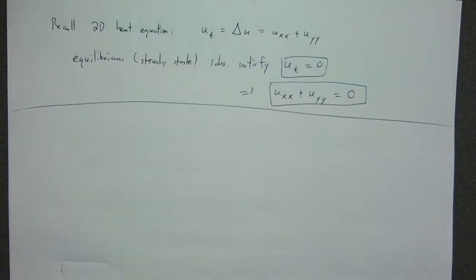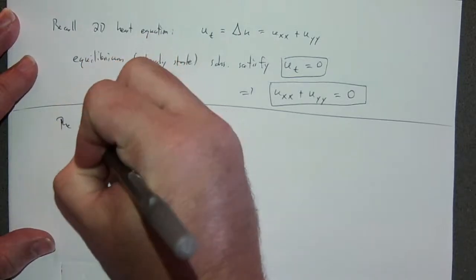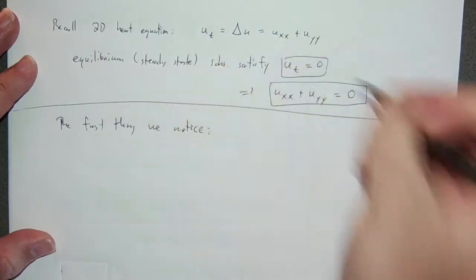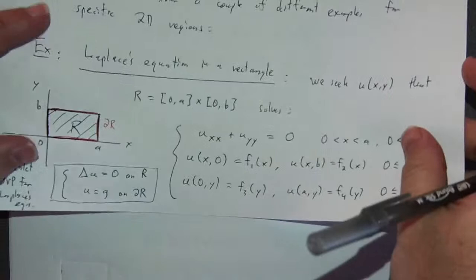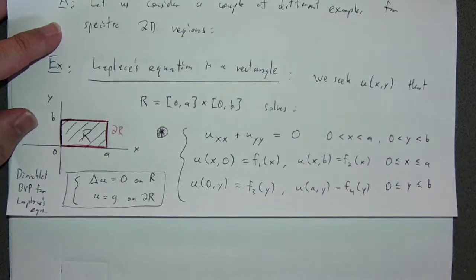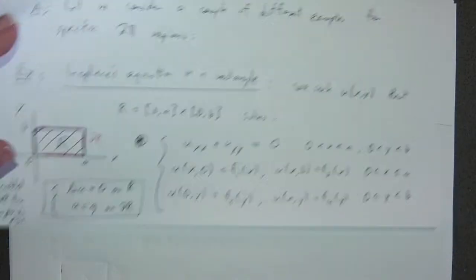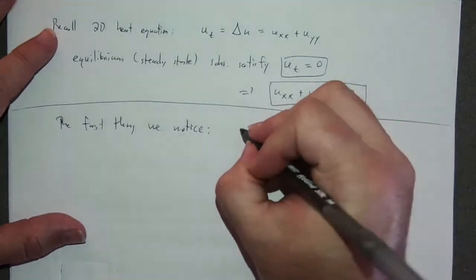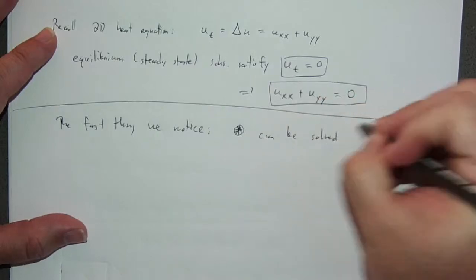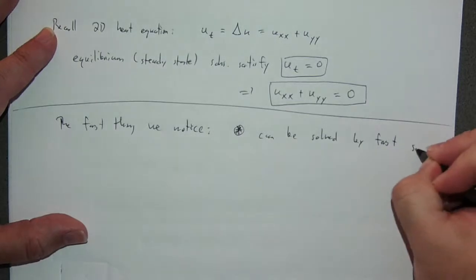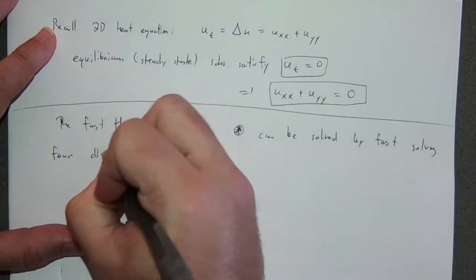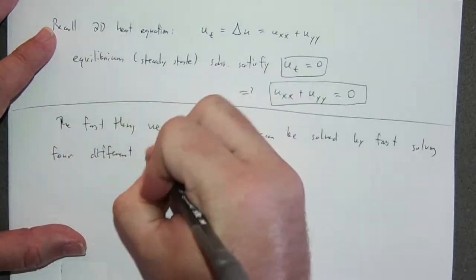Okay. So the first thing we notice, if I call this BVP asterisk, then asterisk can be solved by first solving four different BVPs.